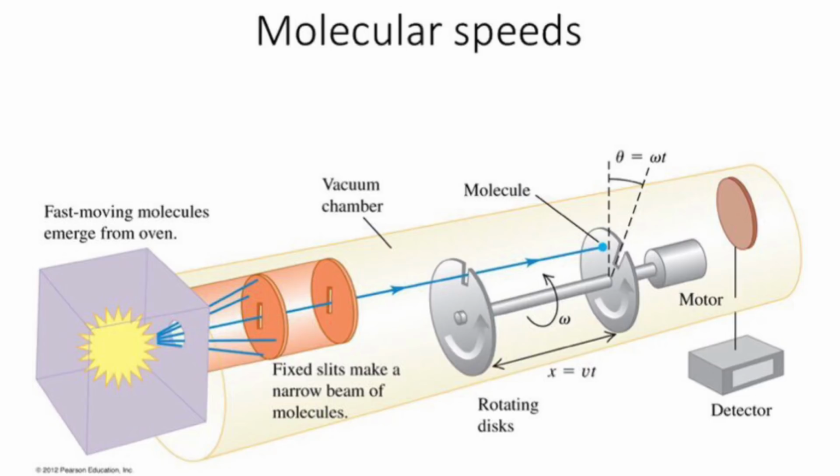And then you have a detector that is going to measure the molecules that arrive on the detector. And so this way you can get the experimental measurement of the speed of a molecule.